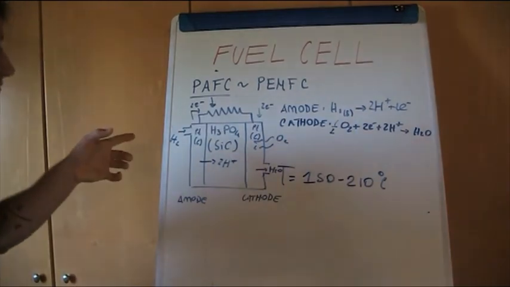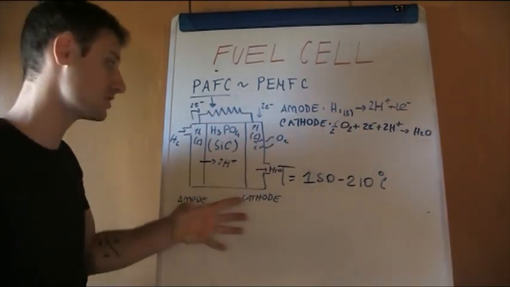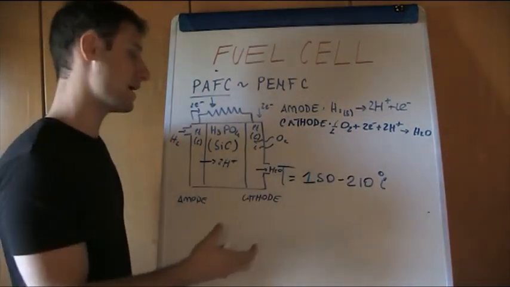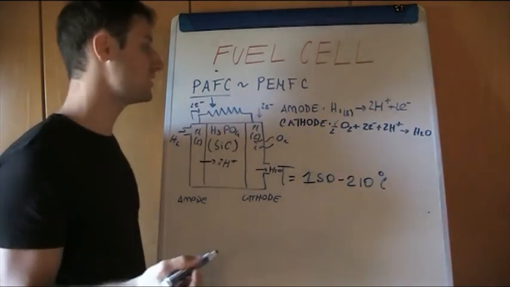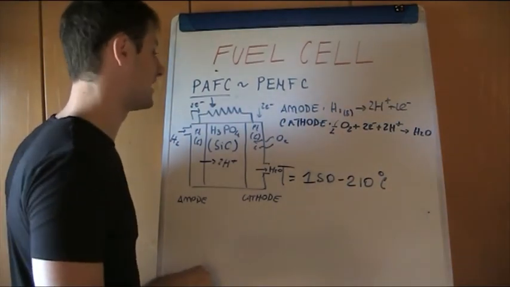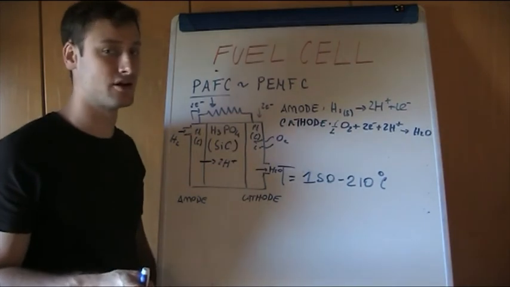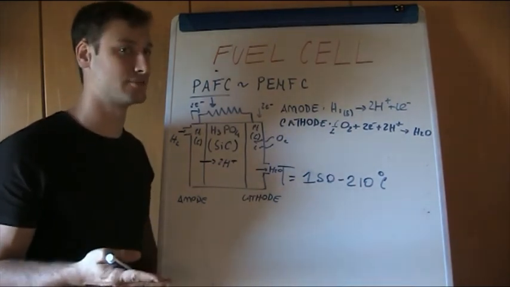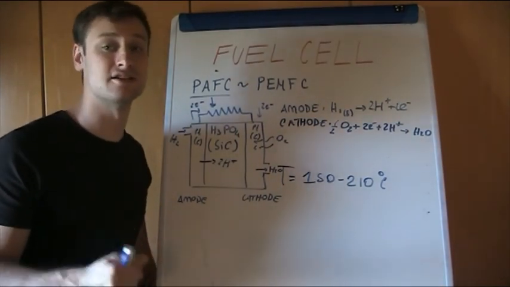What is interesting is that in this situation the water released as a product, since we are working at high temperature, can be instantaneously converted into steam. We know that the efficiency of the phosphoric acid fuel cell is around 40% or even smaller, not as in the case of solid oxide or molten carbonate fuel cells, in which the efficiency can even reach 60%.